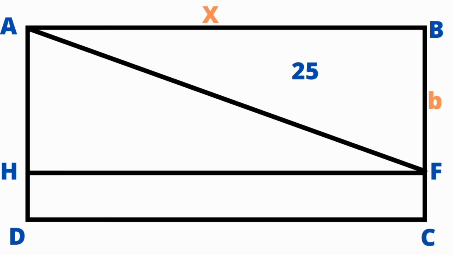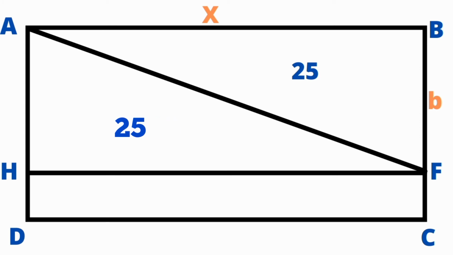Then let's draw a side FH parallel to AB. Now ABFH is also a rectangle and AF is the diagonal. Area of AFH is equal to area of triangle ABF.